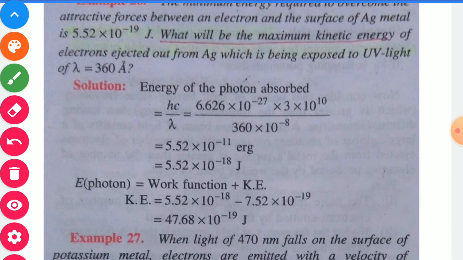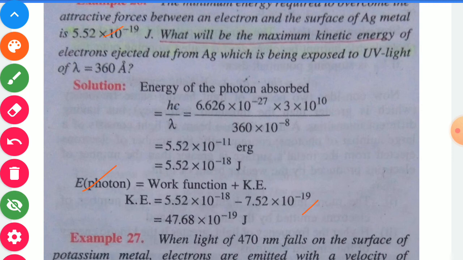Now the energy of the photon is equal to work function plus kinetic energy. This you already know. We have to find the kinetic energy. Therefore, kinetic energy is equal to energy of photon minus work function. The energy of the photon we just calculated, that is 5.52 × 10^-18, and the minimum energy given, that is the work function value, is 5.52 × 10^-19.